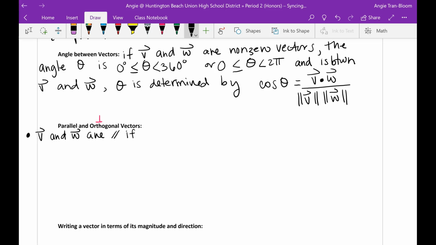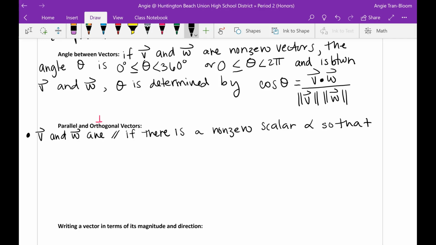They are parallel if there is a non-zero scalar, let's call it alpha, so that vector v is exactly the same as the scalar times vector w.